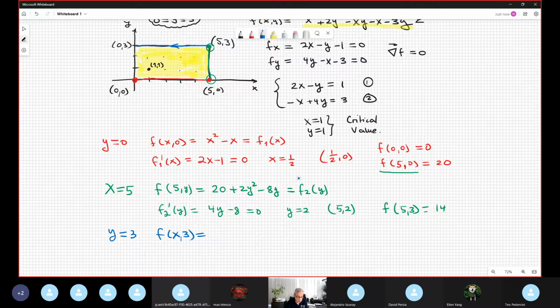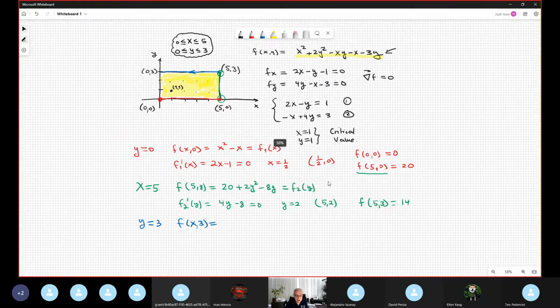We plug in, we apply algebra, x squared plus 18 minus 3x minus 3 minus x, minus 9. Okay, so we combine like terms, and the answer is x squared minus 4x minus 9.